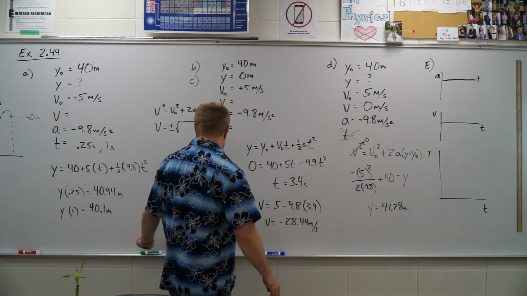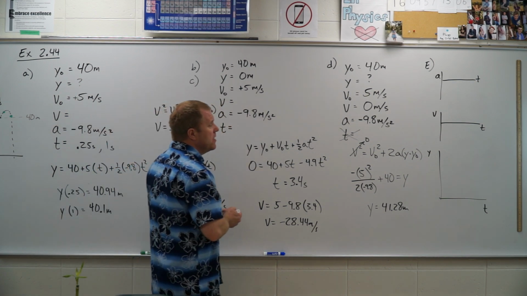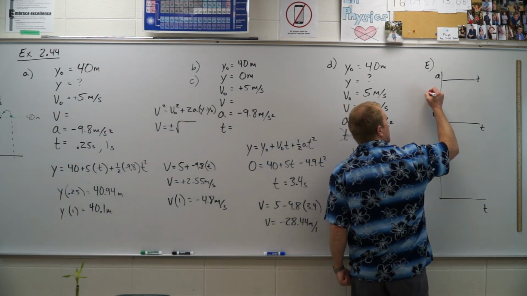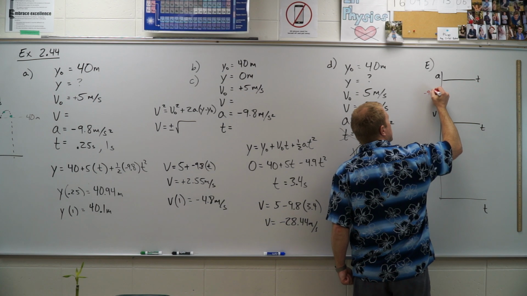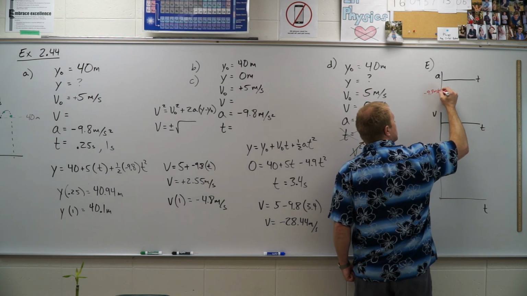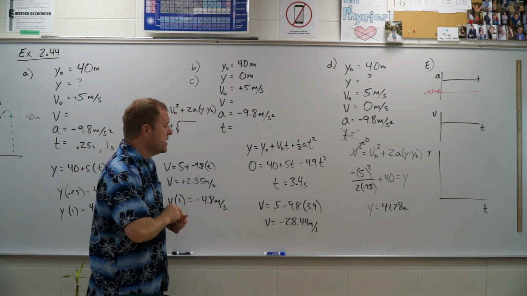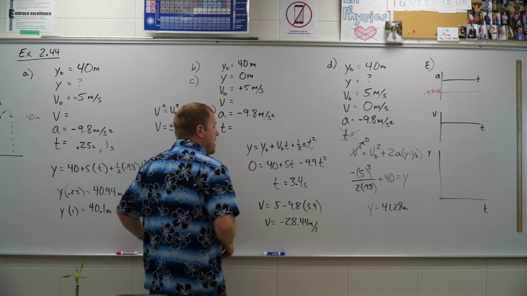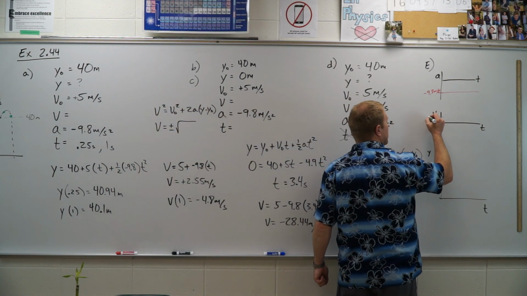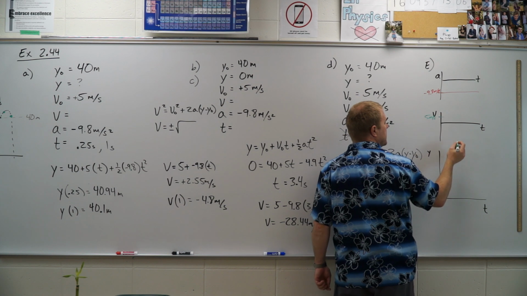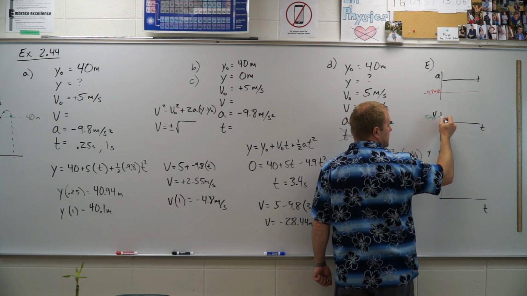So for our acceleration versus time, the acceleration is constant, so it's always this negative 9.8 meters per second squared, just a line like that. Our velocity graph, it starts out at a positive 5 meters per second, and it falls.